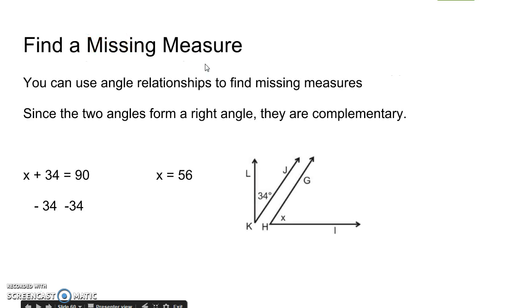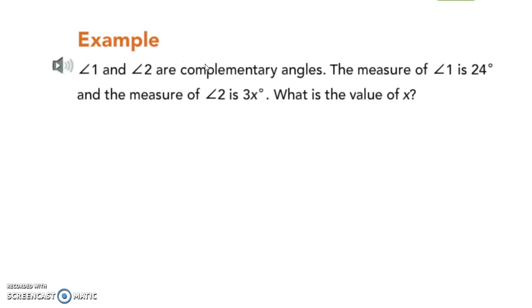Here, the measure of its supplement, remember supplementary means they add to equal what? 180. So you would just subtract this from 180 to get that. And we can set up and solve equations using those complementary and supplementary angle relationships as well. For example, if we have angle 1 and angle 2 are complementary angles, so I'm going to draw that. Complementary means 90. Angle 1 is 24 degrees, and the measure of angle 2 is 3x.